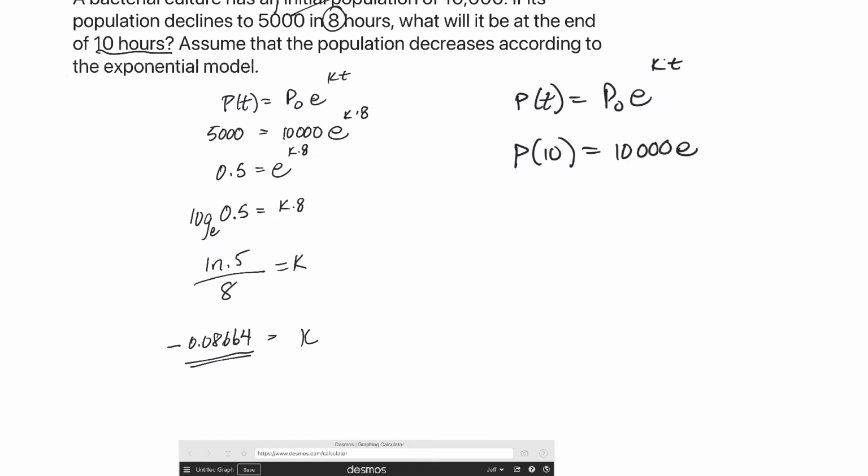E to the k is my number right there, negative 0.08664, times the time, which is 10 hours. Make sure when you do that on a calculator, it's a good idea to put these in brackets, just so that you're multiplying by 10 in the exponent and not down below. So let's try that.